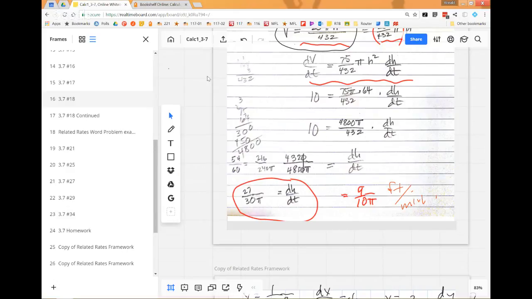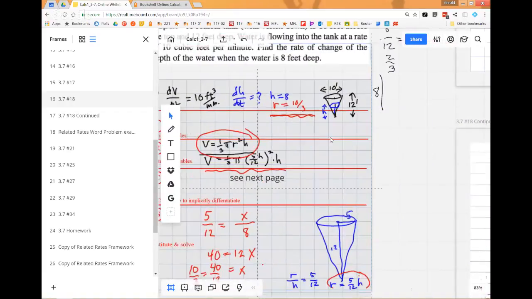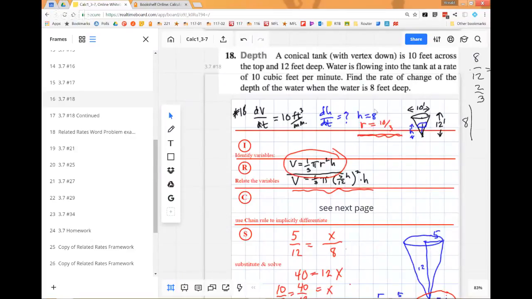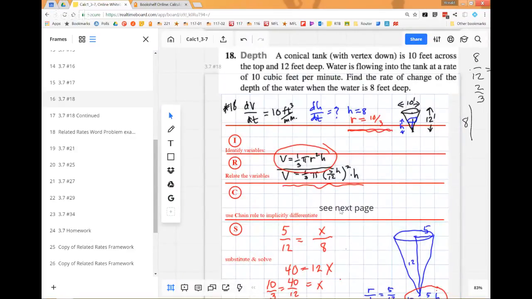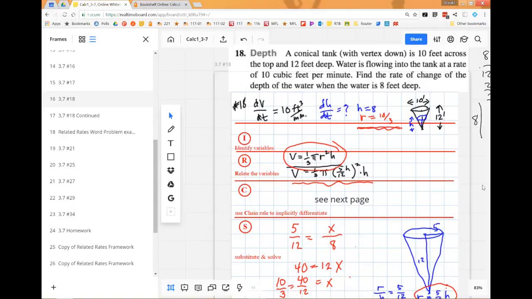And the labels in the problem were feet, and it was per minute. So that's where I got the label from.